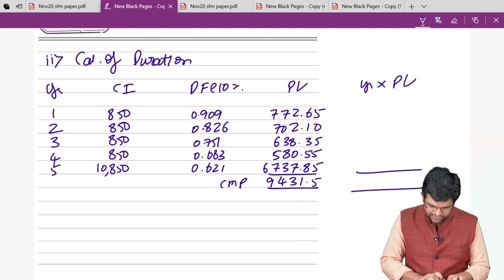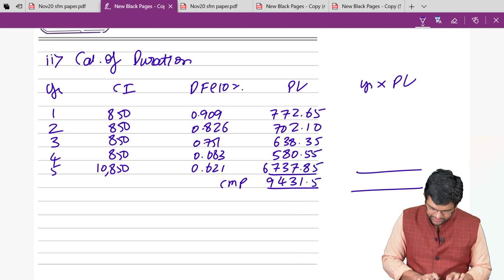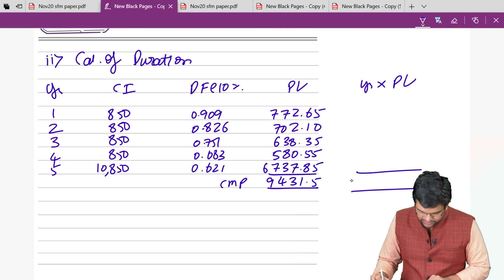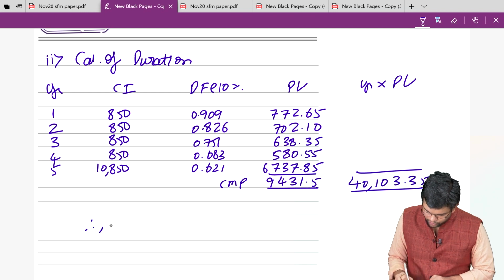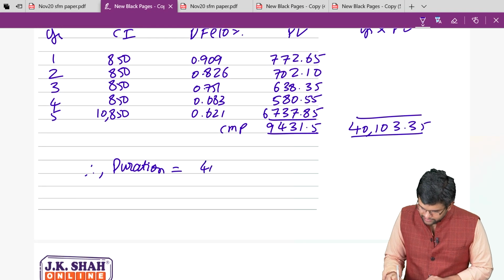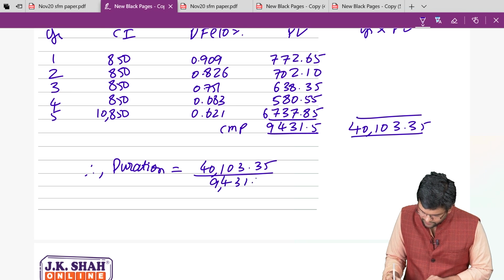Now children, let's do the year into PV calculations. 1 into 772.65 plus 2 into 702.1 plus 3 into 638.35 plus 4 into 580.55 plus 5 into 6737.85, the total comes to 40,103.35, and therefore children, the duration will be 40,103.35 divided by 9431.5.